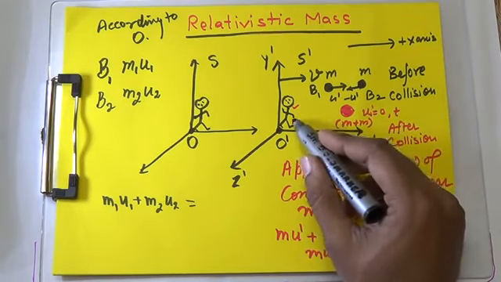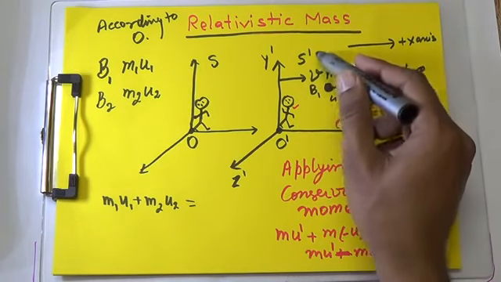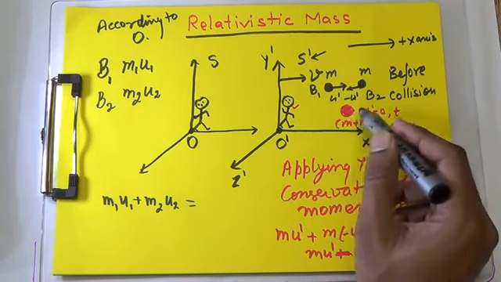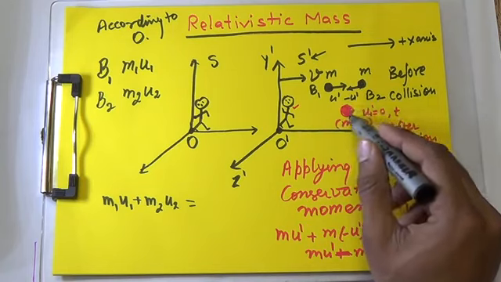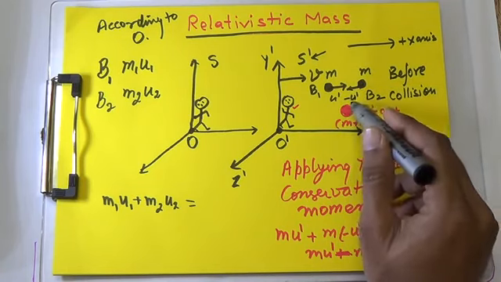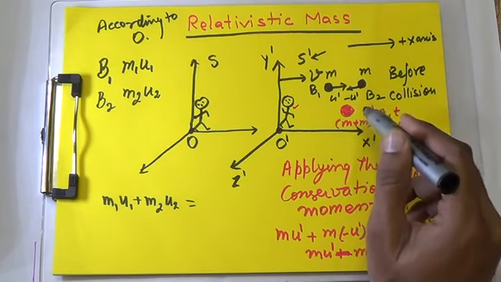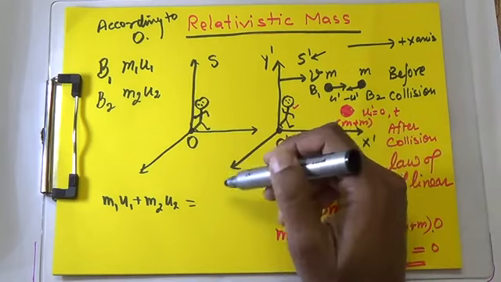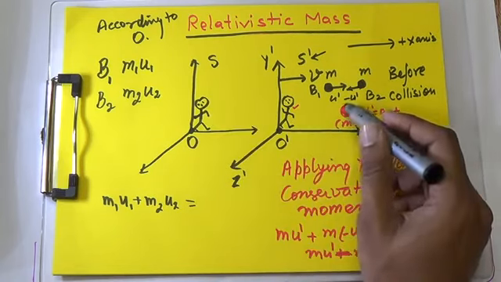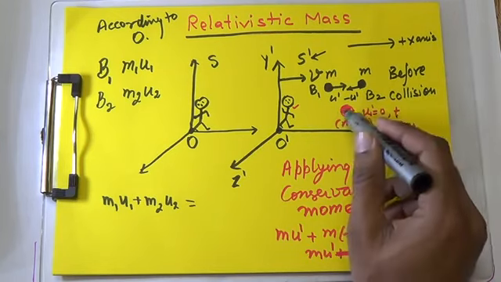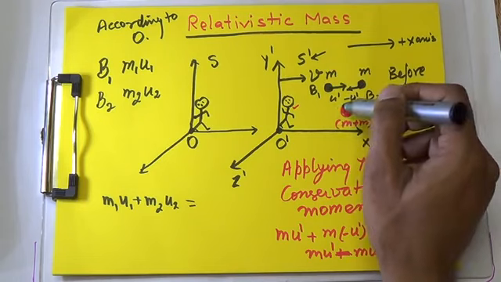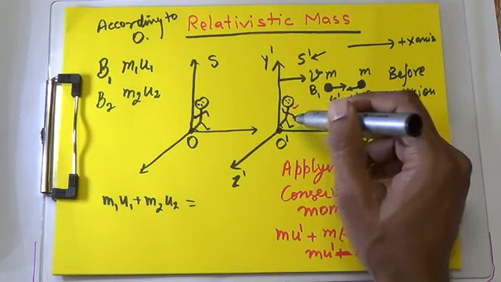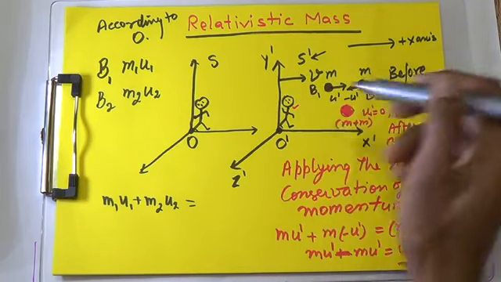According to this O prime observer, because this collision takes place in the S prime frame and he knows the actual thing, at the moment when both the balls collide, this ball is at rest, speed of this ball is 0. Now this man observed the speed of this ball at that particular moment as v, because this ball is kept in this moving frame and this frame is moving with respect to S with the speed of v.